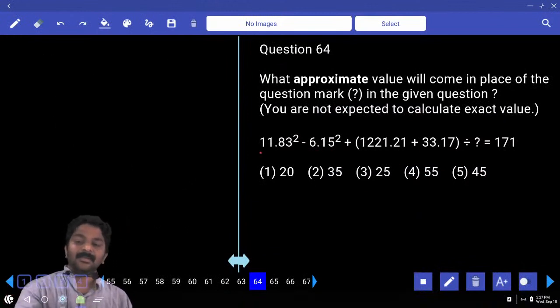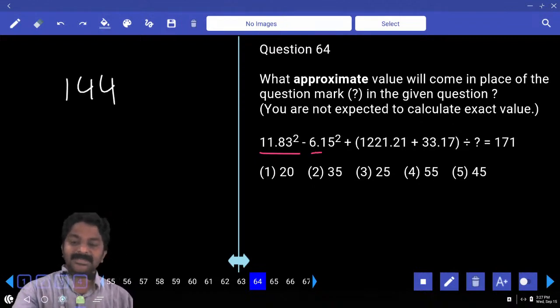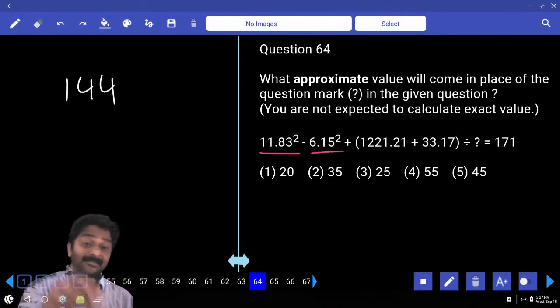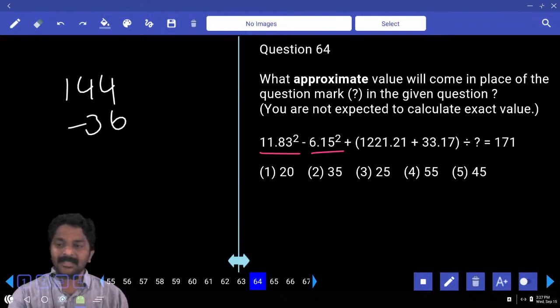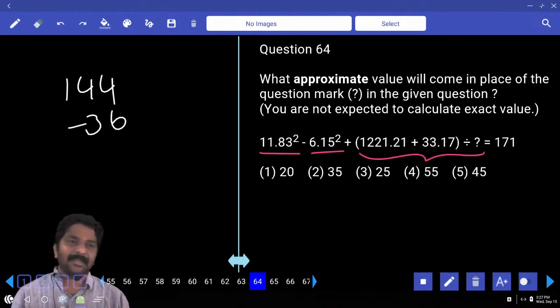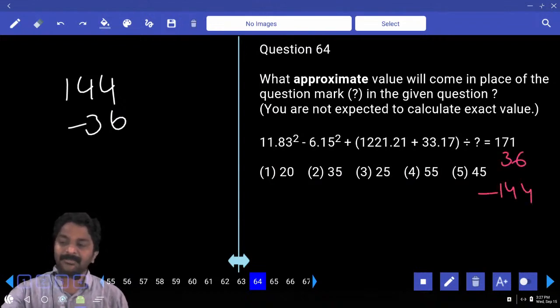Approximations. Can we treat it as 12 square? Come on, 144. Next, minus 6 square, 36. And these two numbers go to the right hand side only, because your x value is in the left hand side only. So the other two numbers, plus 144 minus 36, go to the right hand side. It becomes plus 36 minus 144.